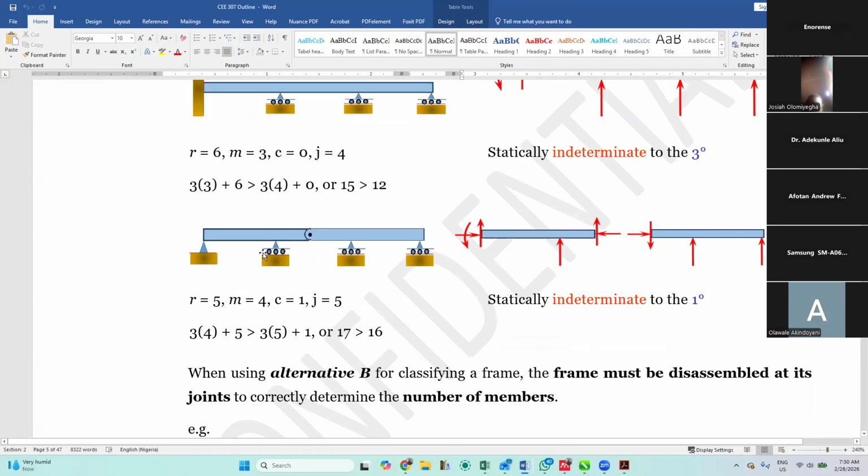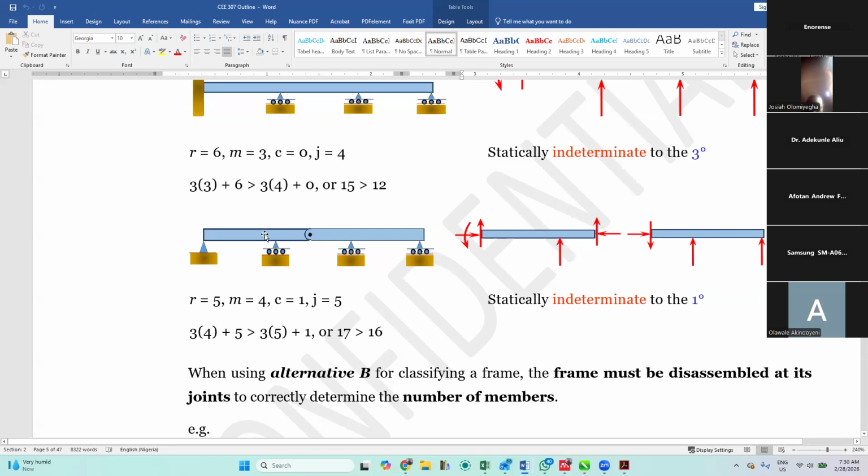But looking at this one, like the example I told you the other time, when we have a pin support here, it means that from here to here is a member on its own already. From here to here is also a member on its own already. So if you are not careful enough, you might think this is just 3 members because it is a pin or hinge at this point. It is no longer a single member, it is 2.